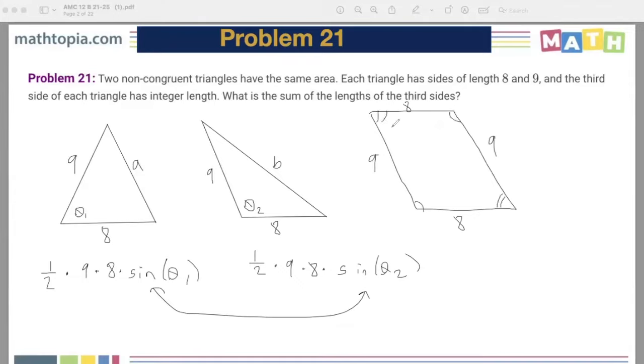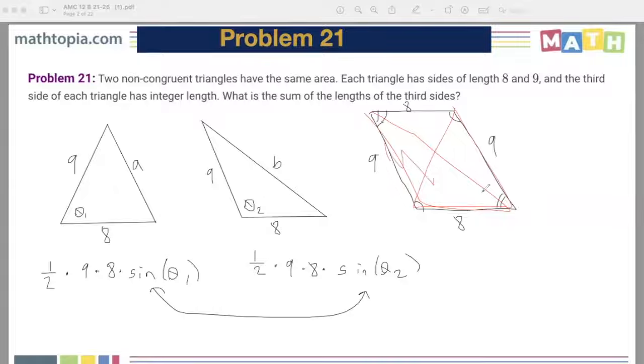In particular, we have two triangles that would work for this problem. We have this triangle, 8, 9, and this side, and we have this triangle here. These two triangles have 8 and 9 as the side lengths, and they each have the same area. And in fact, their angles are 180 minus each other.